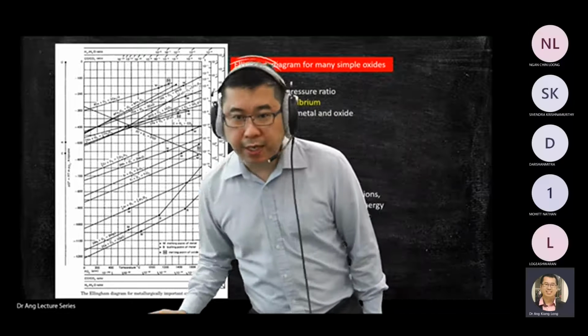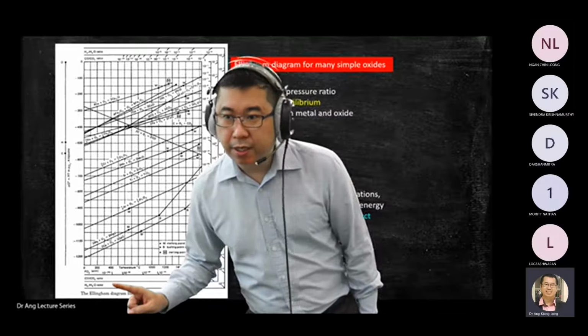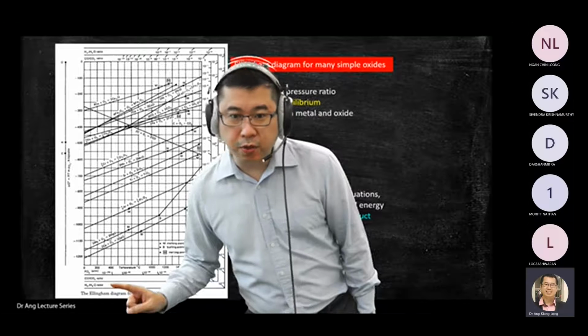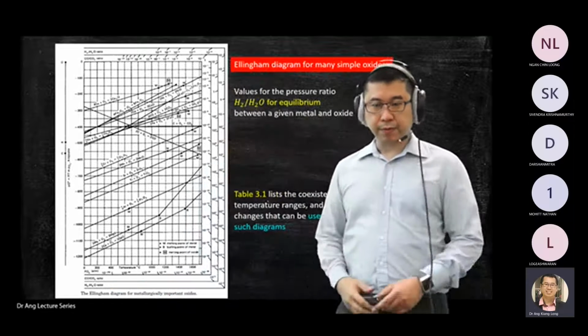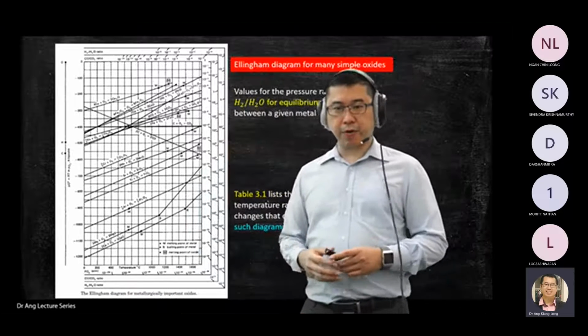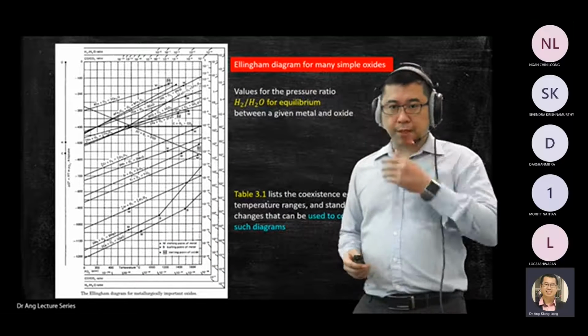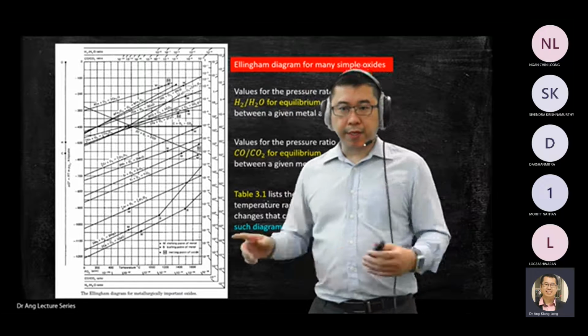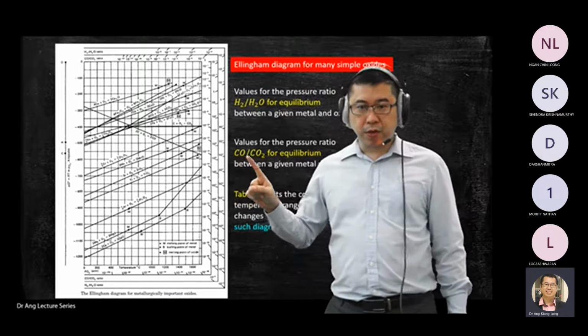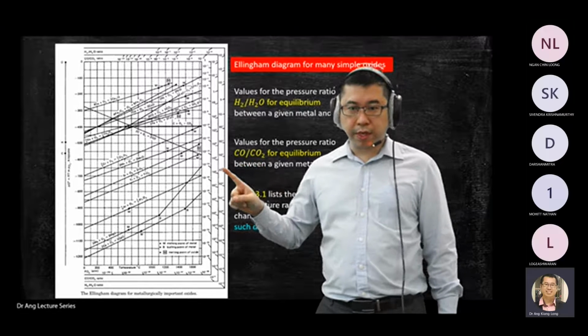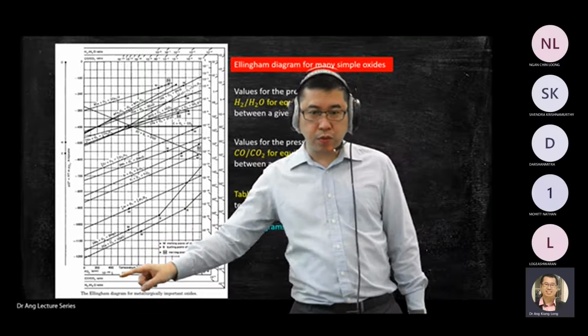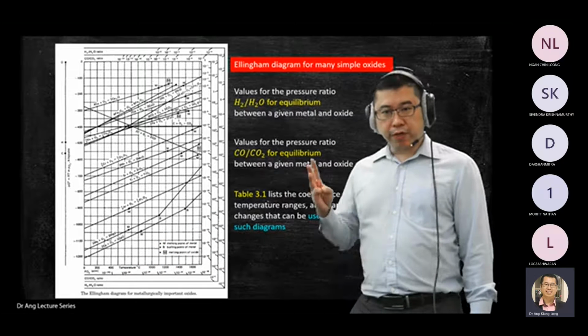The middle one is CO over CO2, carbon monoxide and carbon dioxide. Okay, so you have 3 lines.